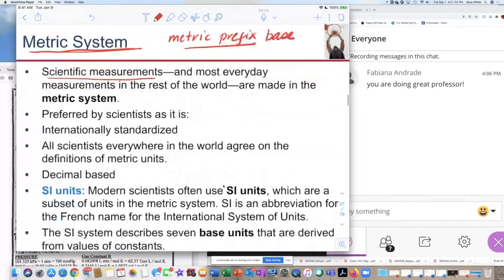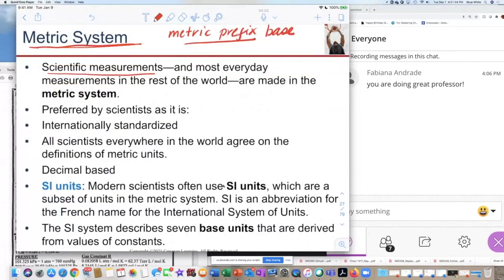So what's the purpose of the metric prefix? Once again, it is to help communicate very, very large and very, very small numbers in such a way that you don't have a lot of errors. You minimize errors. So once again, metric prefixes is also for minimizing, if I can spell, errors. Okay?